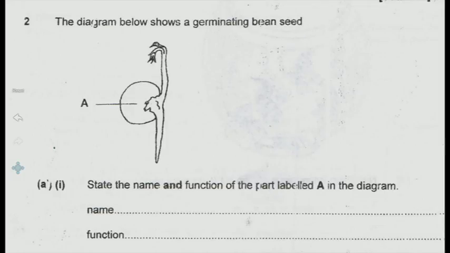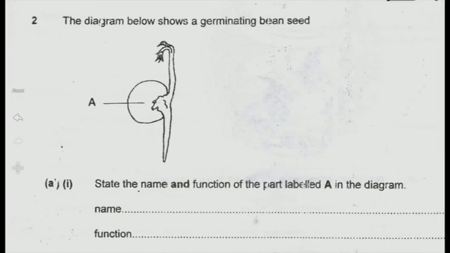First, we have to state the name of the part labeled A, and then we have to state the function of the part labeled A. What then is the name of the part labeled A? The part that is labeled A is the cotyledon. It is the cotyledon.